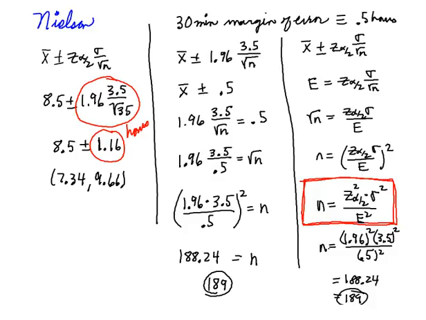So it's going to have a tendency to be closer. Its margin of error will be within 30 minutes or 0.5 hours of the real population average, as opposed to 1.16 hours. So it'll cut the margin of error in more than half if I use a larger sample, which intuitively makes sense. The bigger the sample, the more information, the better the estimate, the less error will be involved.